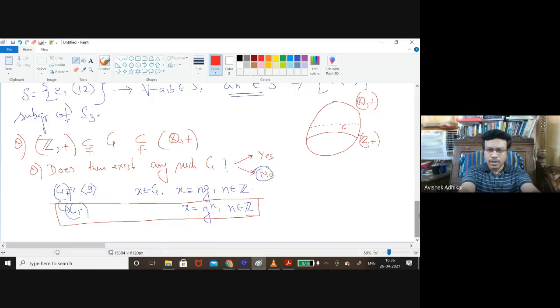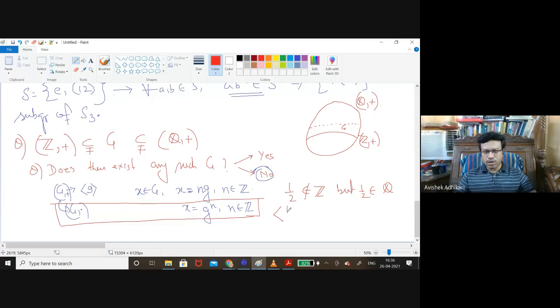Now tell me, is half within Z? This does not belong to Z, but half belongs to Q, right? Now, what is the subgroup generated by half?